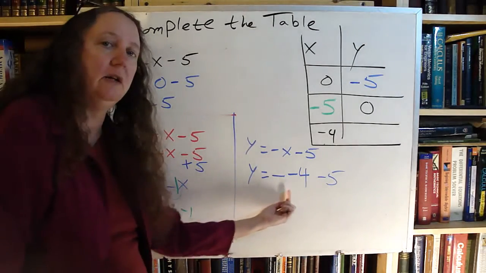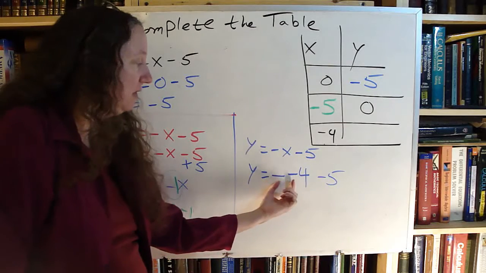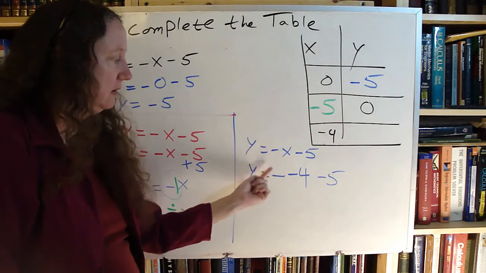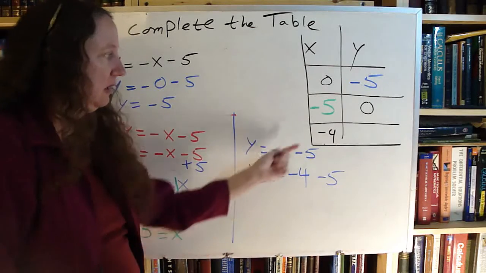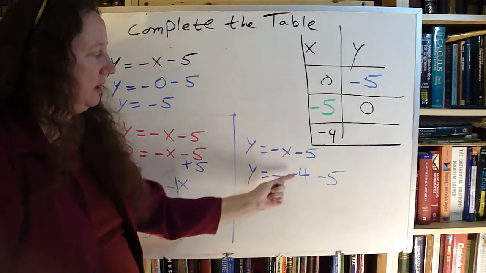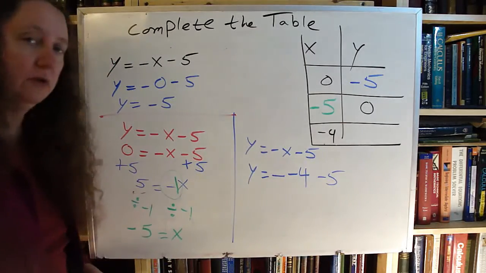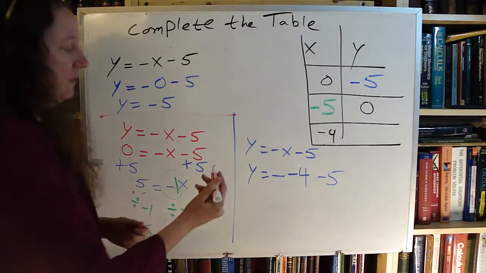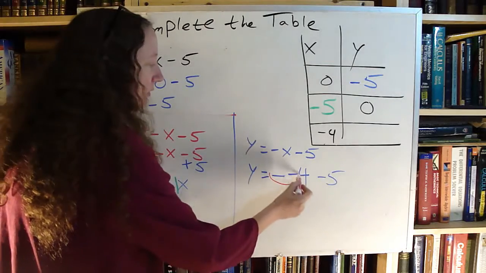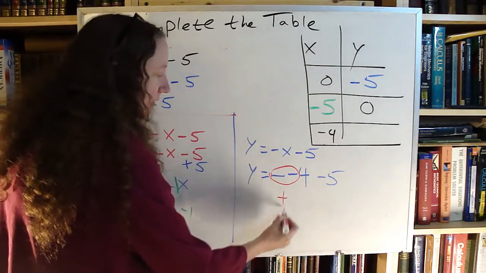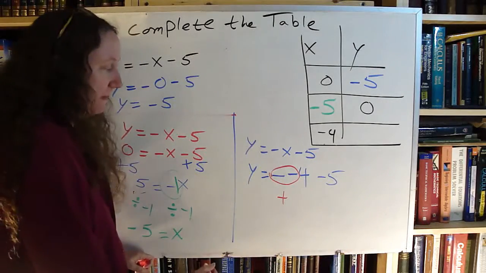This double negative is where some of you might get mixed up. You have the minus sign, the negative sign from here, and the negative sign from there. So you have two negatives. Now you need to know a double negative is the same as a positive.